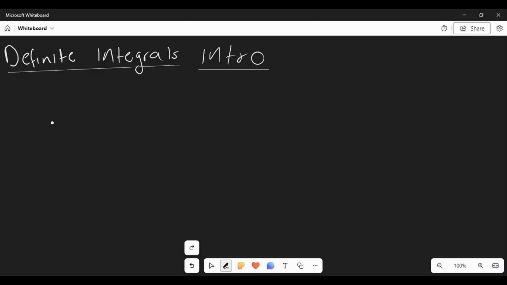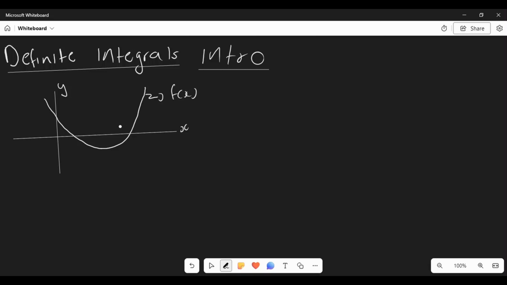So what do they mean by that? Let me make an example with this graph here. Let's say you're given a graph like this. It passes like that, and then we have your x-axis and your y-axis there. Let's call this graph f of x, and let's say it intersects at this point here.